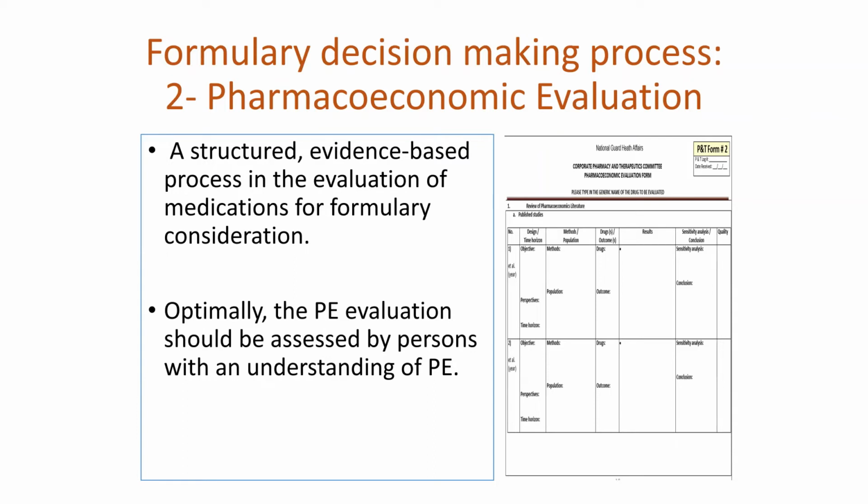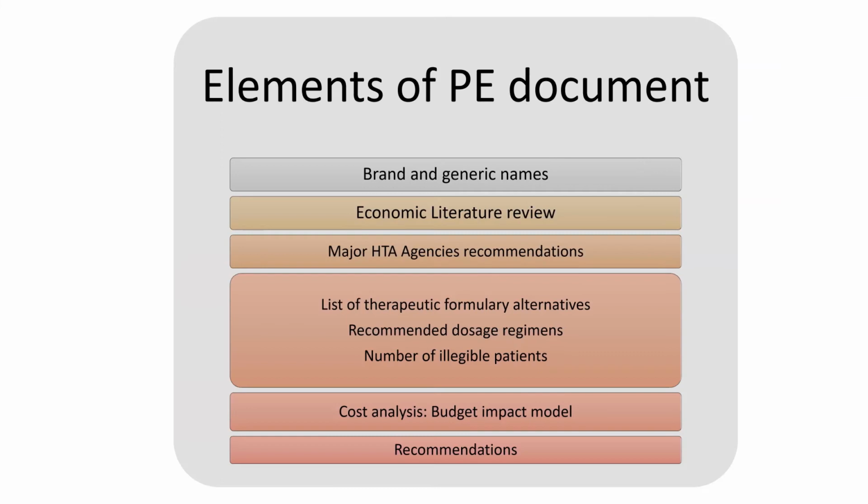It includes all the relevant economic evaluation, including brand and generic names of the product. And when I say generic names, it's because we don't evaluate drugs by brand, because requesters are not allowed to say that we need this brand per se. They give us the generic name and we explore what is available in the market.